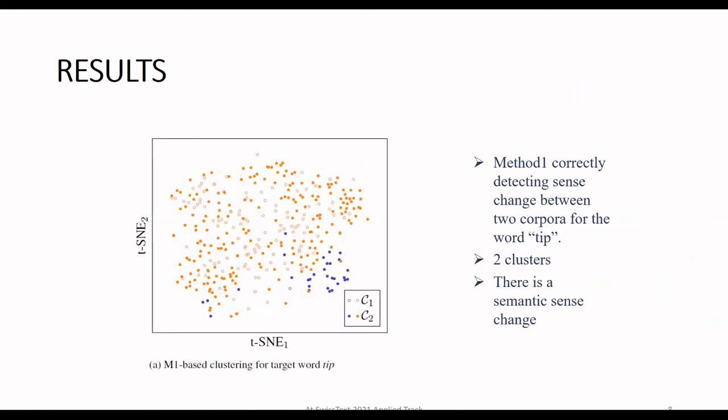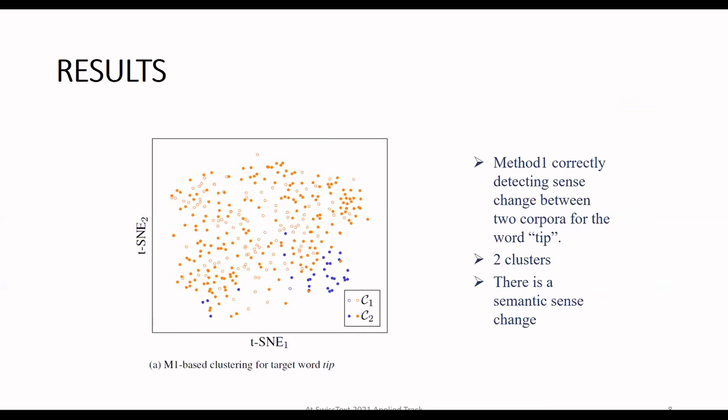This is a visualization of the clustering that we did, the TSNE projection, for the target word tip in the English corpora. The colors represent the clusters. You can see there are 2 clusters, and there is a slight difference in shape: one is filled, the other is not filled. They represent which particular corpus these elements belong to.